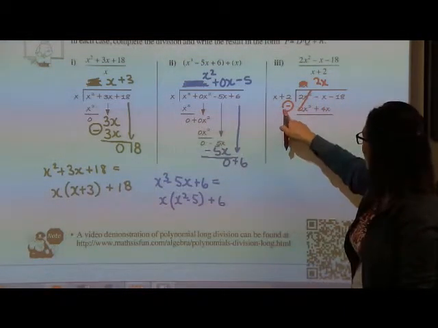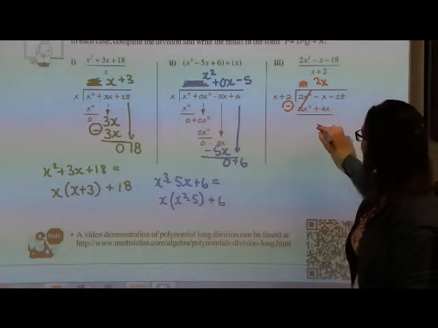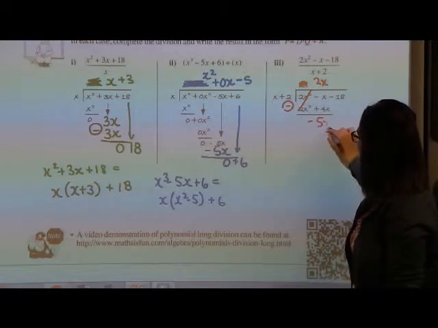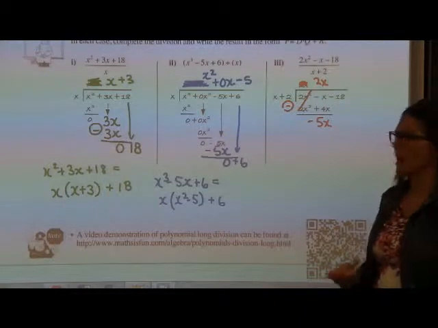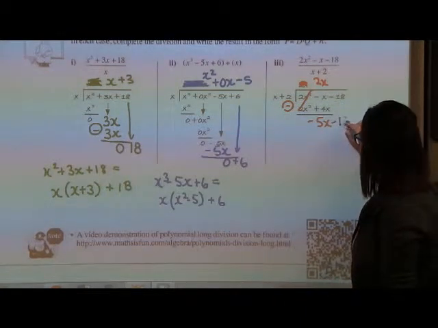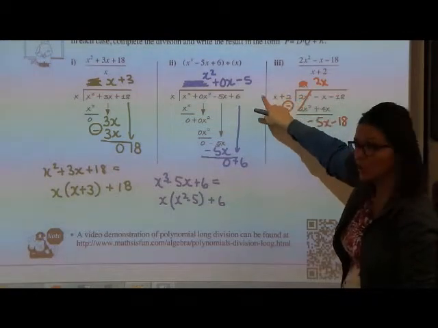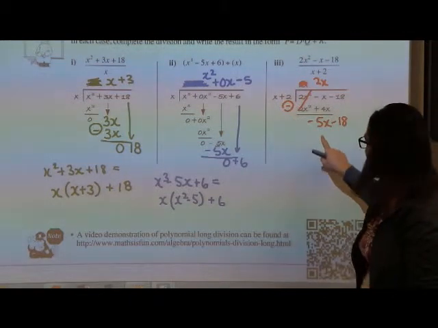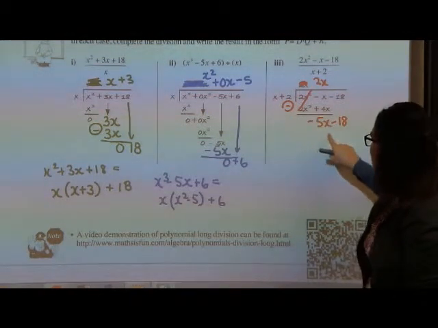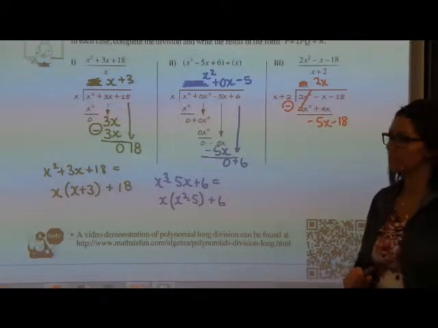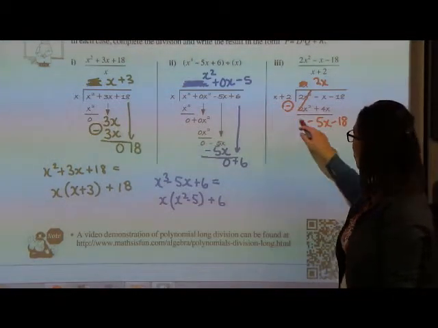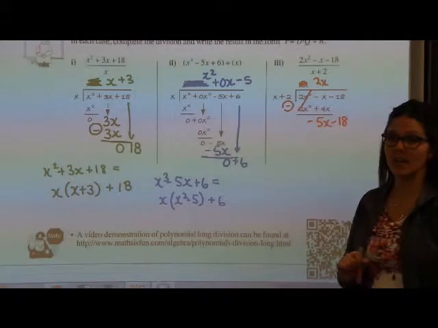And I get negative x minus 4x gives me negative 5x. And then I bring down the 18. If I have two terms that I'm dividing by, I'm always going to have two terms here to bring down. Now, what can I multiply by x to get to negative 5x?